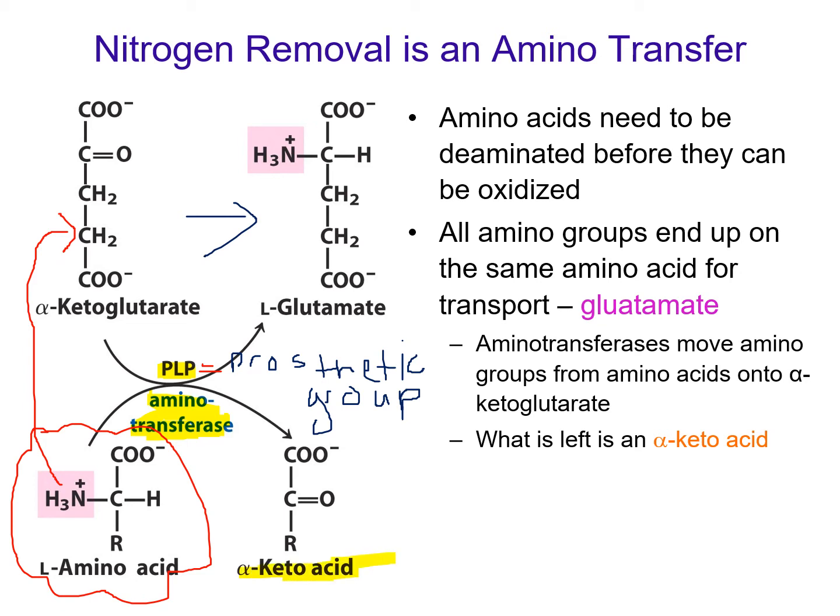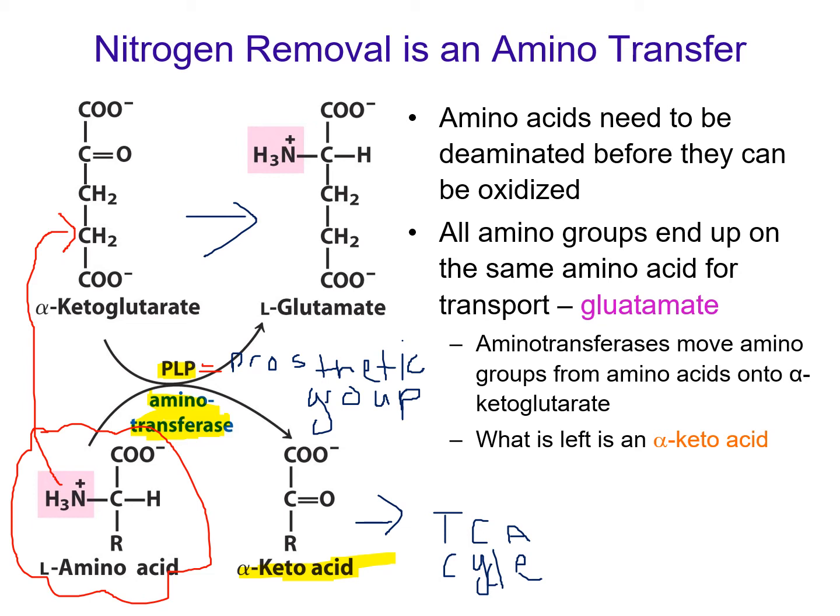And this part we can use because we can take this alpha-keto acid and we can put it into the TCA cycle, or the citric acid cycle. So we have one part of that amino acid we can use, the alpha-keto acid, because we can put it into the citric acid cycle, and we can get energy out of that. But the amino group we can't use, so we add it onto an alpha-ketoglutarate with the help of amino transferase, which has a prosthetic group called PLP, and we make a glutamate.